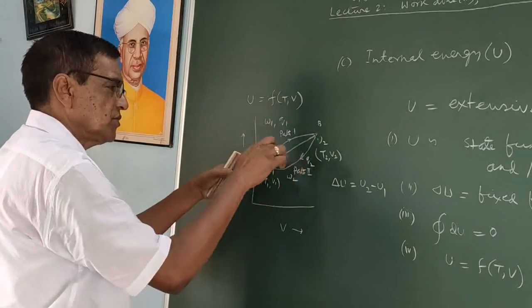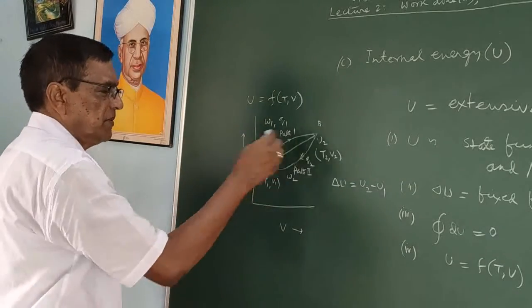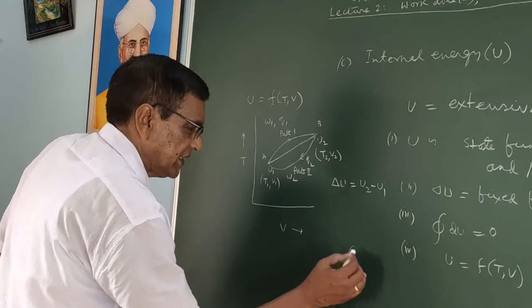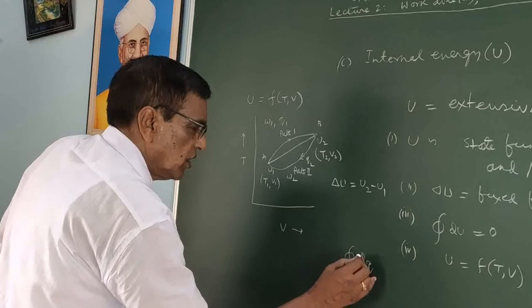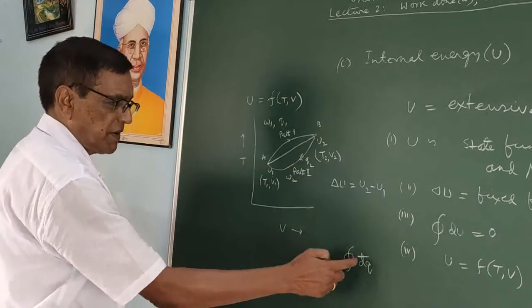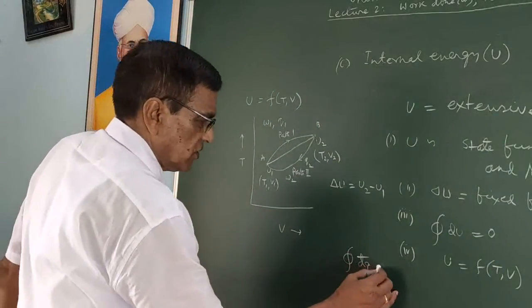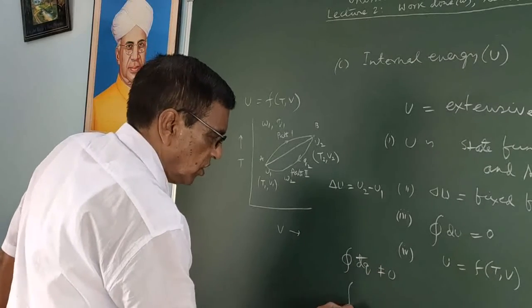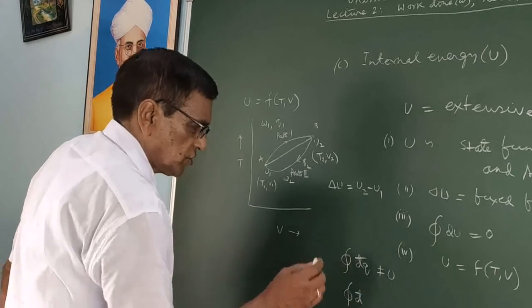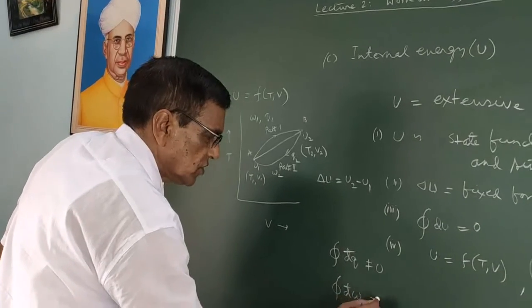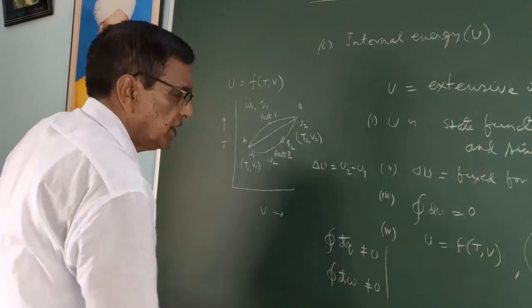And in a cyclic process, the integral of dQ is not equal to 0, as it is not perfectly differentiable, and the integral of dW is also not equal to 0.